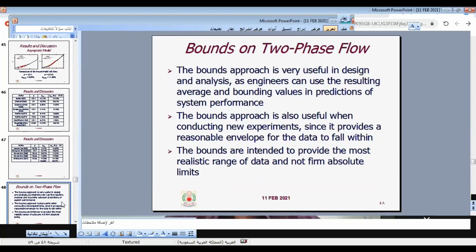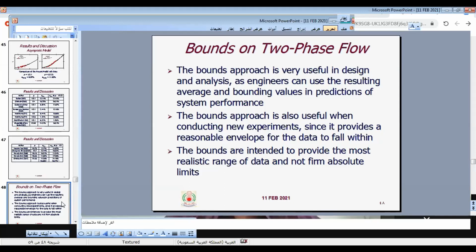And the last method that I will cover today is about developing a lower bound and an upper bound. So almost all the experimental data fill the area between the upper bound and the lower bound. The bound approach is very useful in design and analysis for an engineer, using the resulting average and bound values to predict system performance.